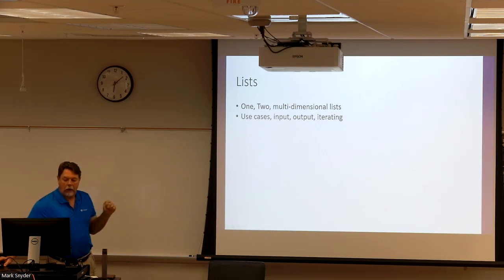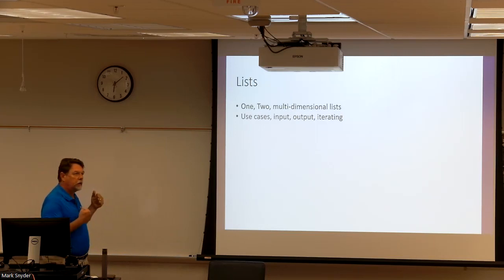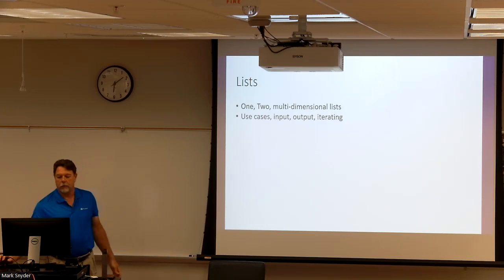So there are use cases that involve getting the data, how to put it into a data structure like a list once you've got it, how to take a data structure like a list full of data and output it to the screen, output it to a file, wherever you're going to send it. And then there are a number of standard patterns for iterating over a populated list. So we'll talk about those.